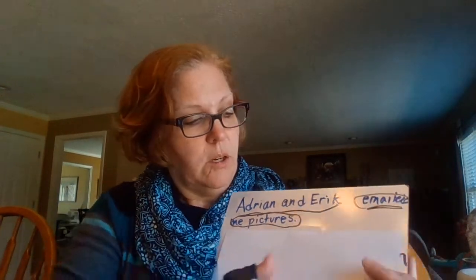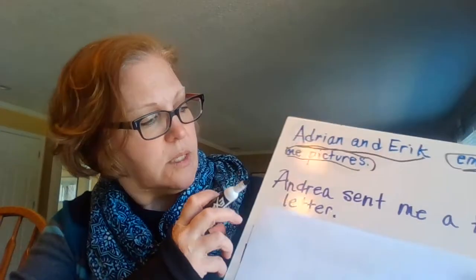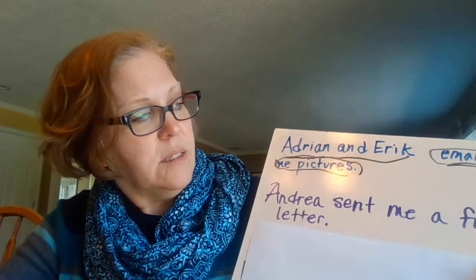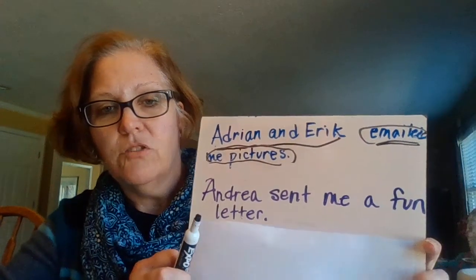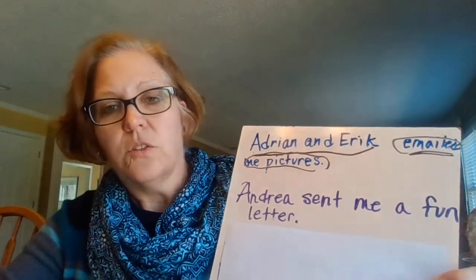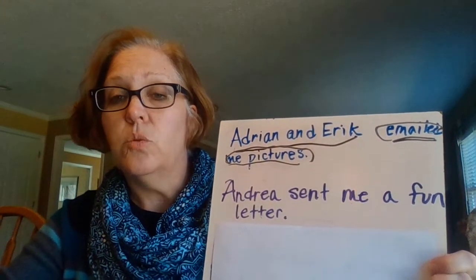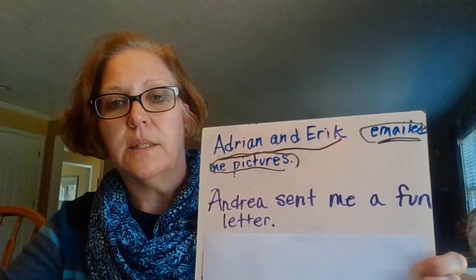So these guys emailed me pictures. Got it? All right. Now I have another example. Here we have another sentence: Andrea sent me a fun letter. Again, do we know who or what is happening in the sentence?